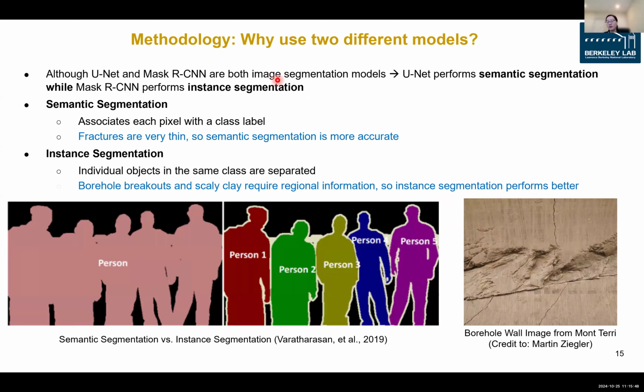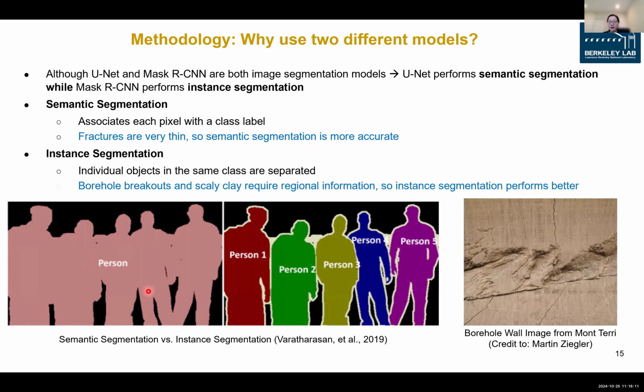Though both CNN models can be used for image segmentation, UNet performs better for semantic segmentation, which means, for example, you have a single class and you associate each pixel with this class label.